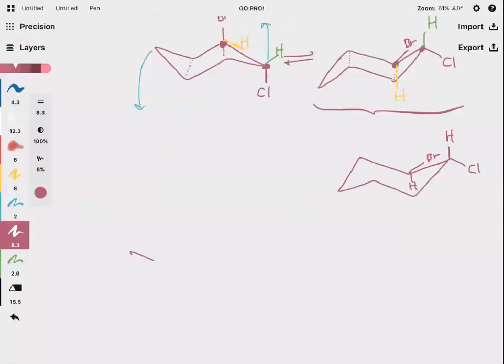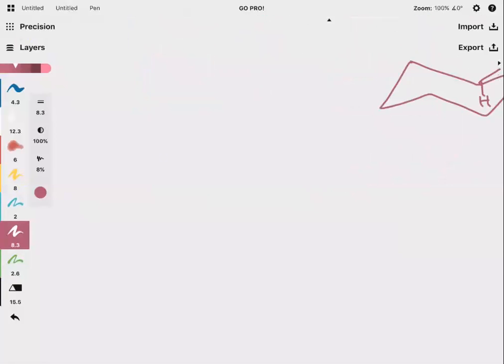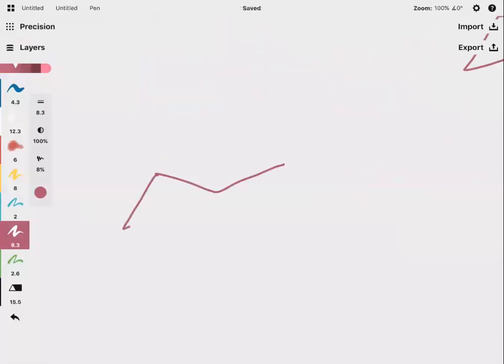So let's say we have bromine here and chlorine there. Just draw in your hinge so you can see it better.